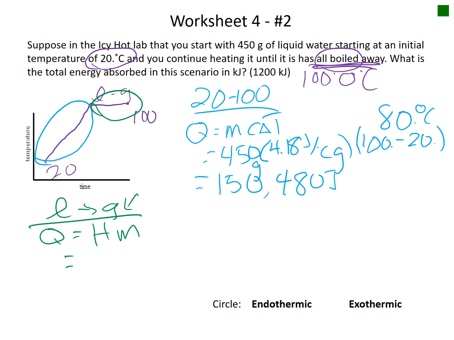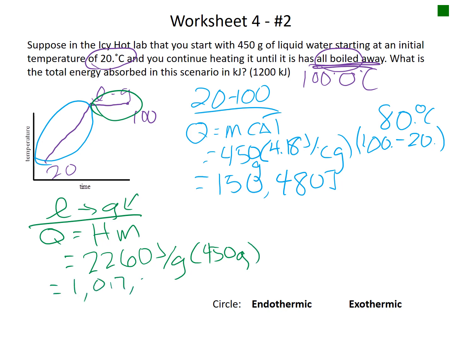This is by definition vaporization. So I am going to be using that one, which is 2,260. My mass has not changed, so it still is 450 grams. And when I multiply that out, I get 1,017,000 joules.